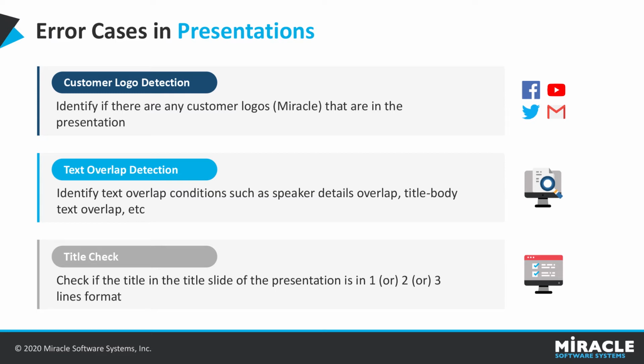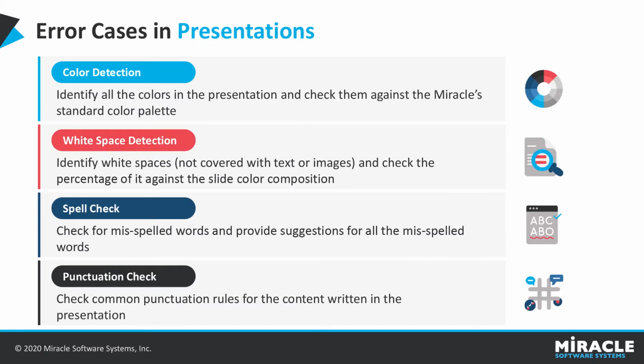The next one, title check. At Miracle, we follow a standard where the title for a presentation should be of 2 lines, not more or less. So this title check module finds out how many lines of title are included in the title slide. It may be 2 or 3. Color detection.